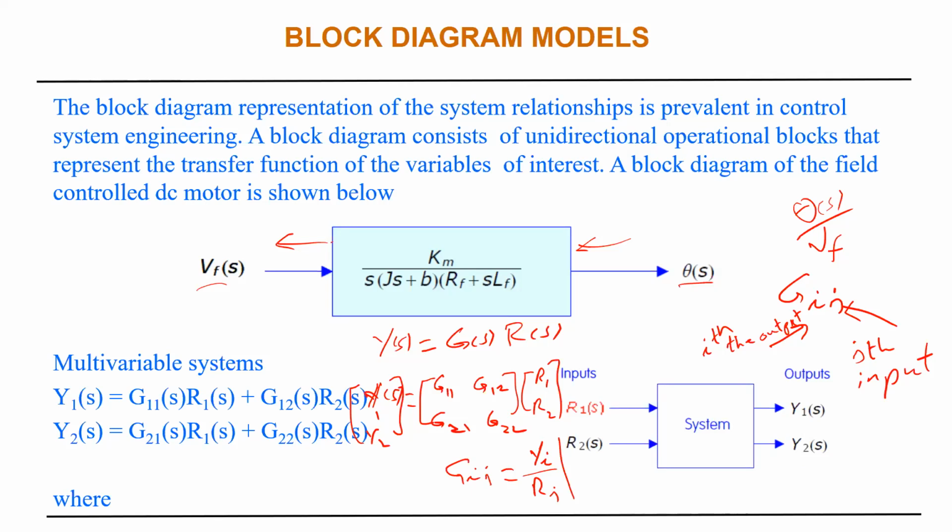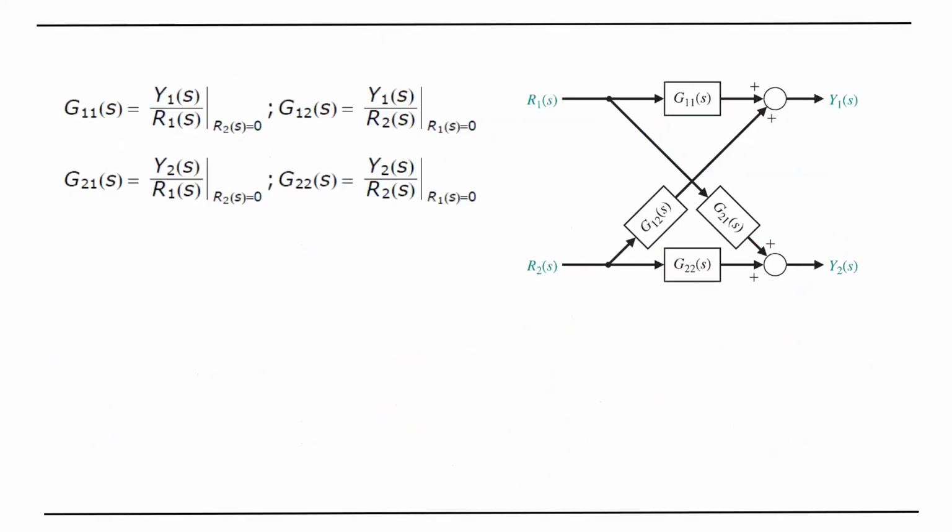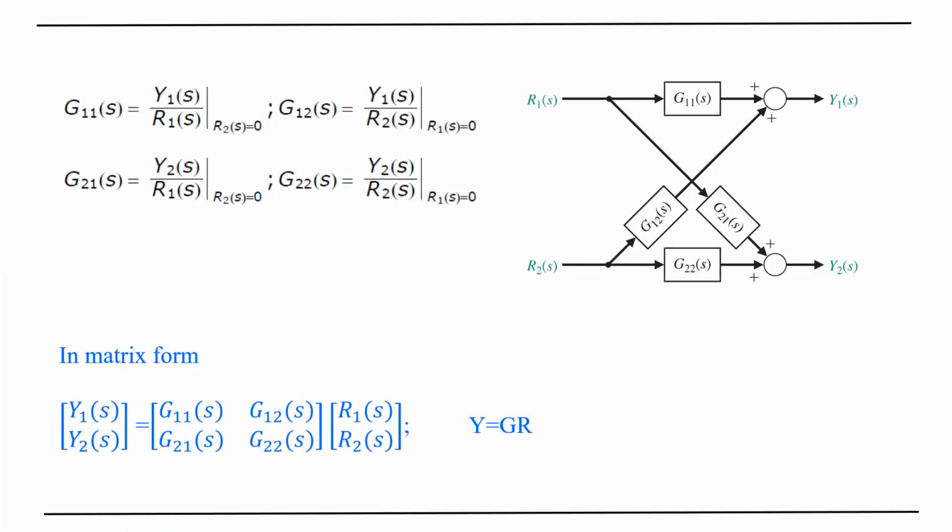Then go to the next level where you get Y1 over R2 and Y2 over R2, setting R1 equal to 0. Now, the matrix is not necessarily a square matrix. The size of the matrix depends on how many inputs and how many outputs.